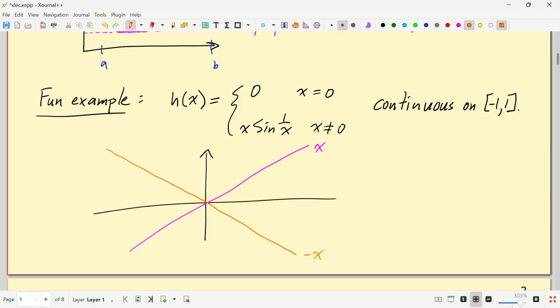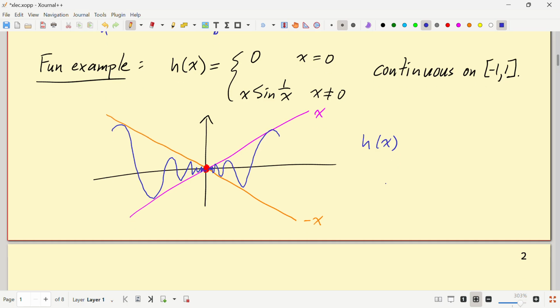And as sine 1 over x wiggles, it's going to be 0 at 0. When it's plus 1, it's on the purple. When it's minus 1, it's on the orange, and it wiggles lots of times as it goes in there. And it's an even function, so it would be a reflection over here, like that. So that's the graph of h of x.